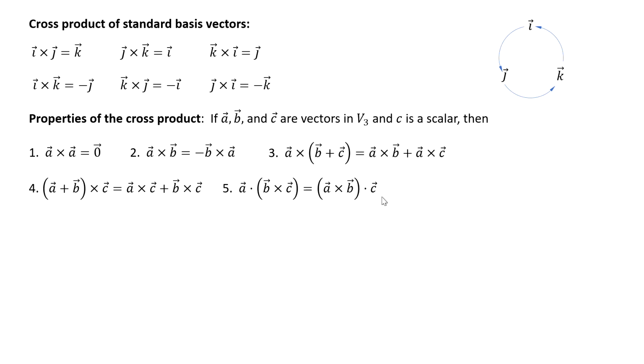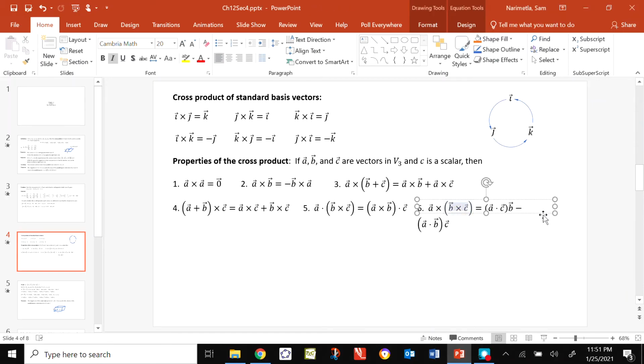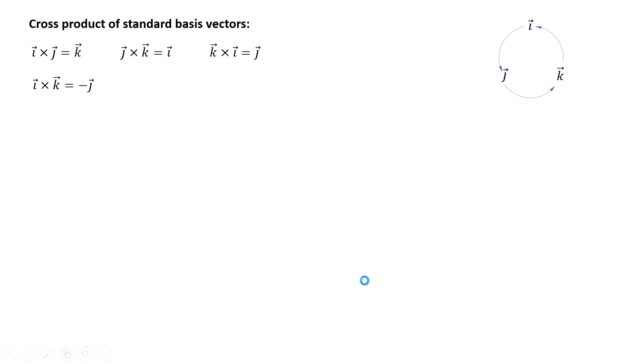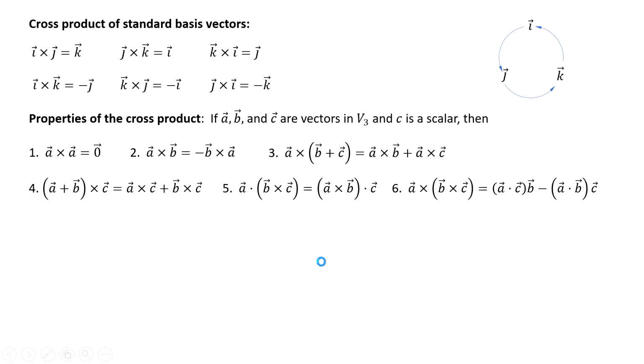All right. And finally, this last one, A cross the quantity B cross C, is totally weird.